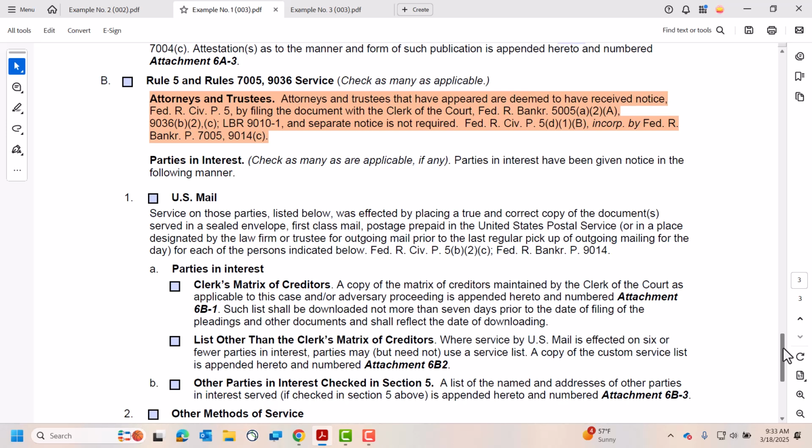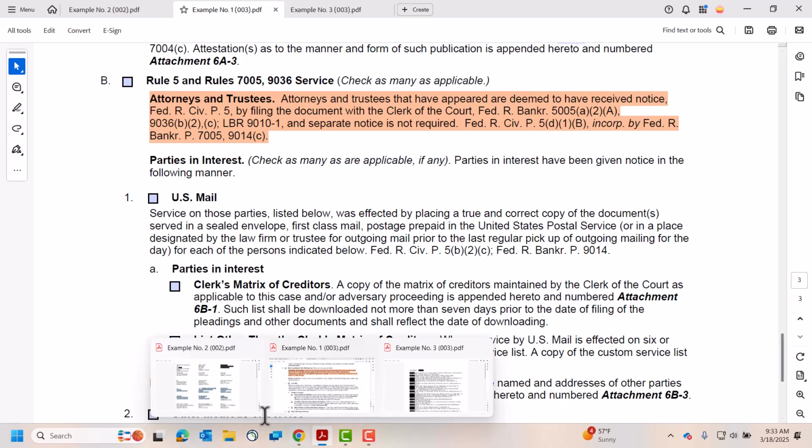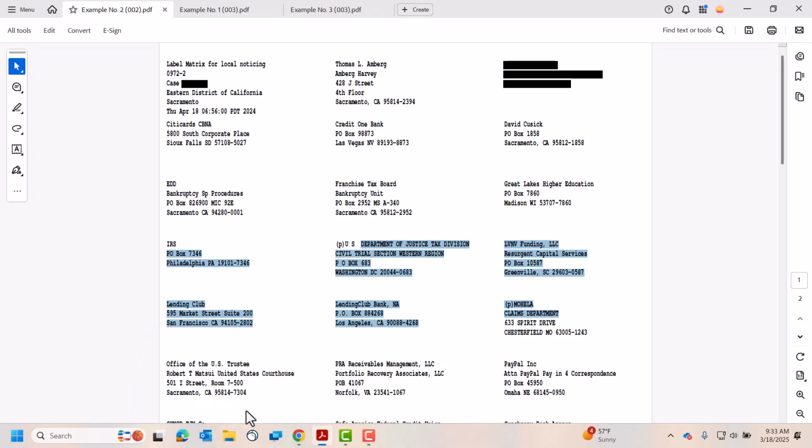It may be printed in a 3-column label compatible format, or in raw data format.